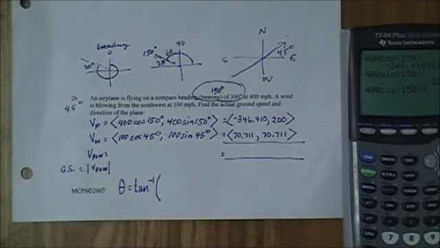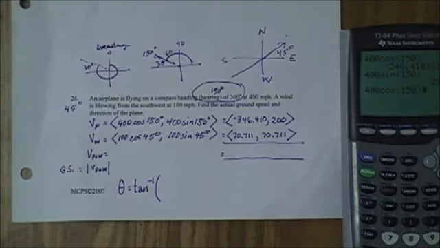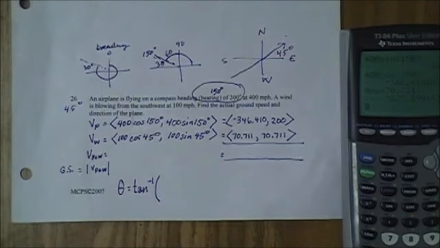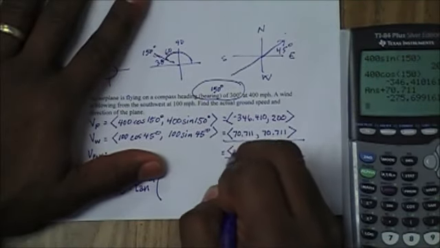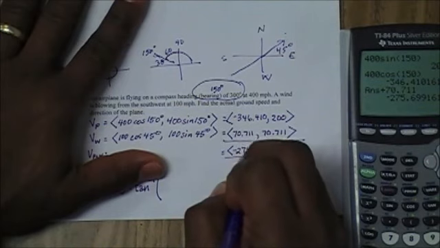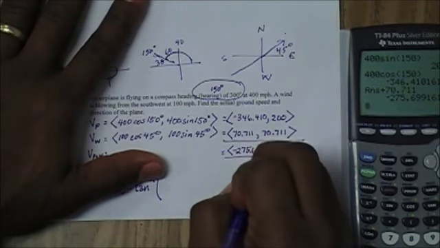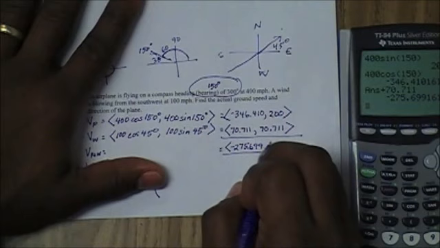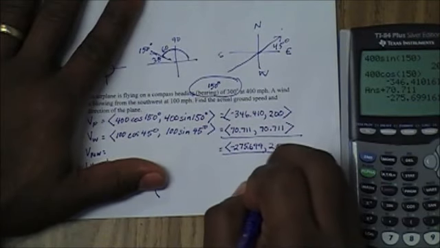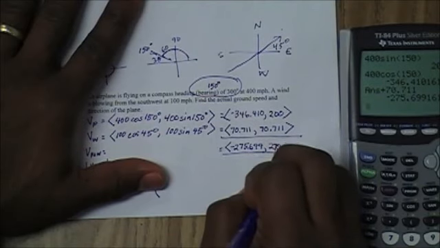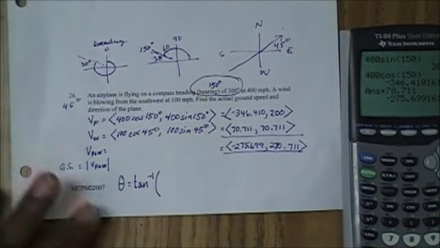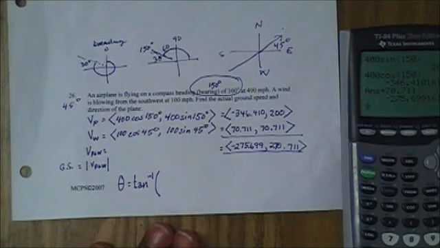we get our plane and wind vector. I'm going to add 70.711, and that's going to give us negative 275.699, and 270.711. And there's your plane and wind vector.